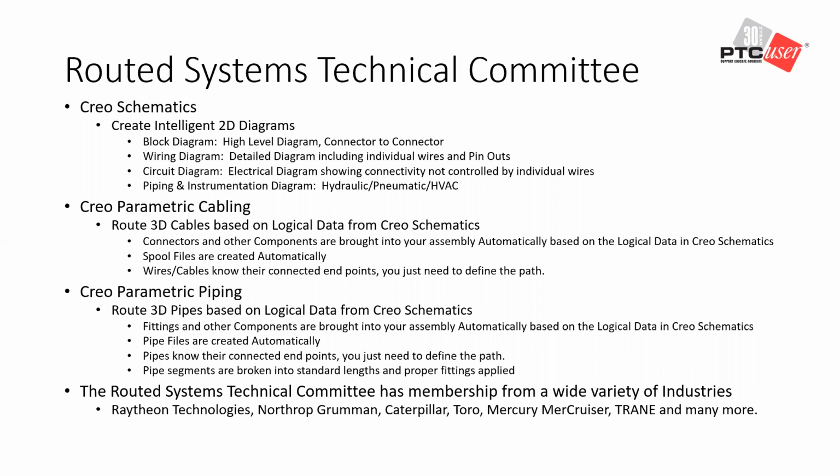And inside cabling, it will help you route the cables throughout the design. So it knows from Schematics where you actually hooked up all your wires to each individual connector. Once you get into cabling that pulls those connectors in, it will automatically connect them end to end. And all you have to do from there is define your path.